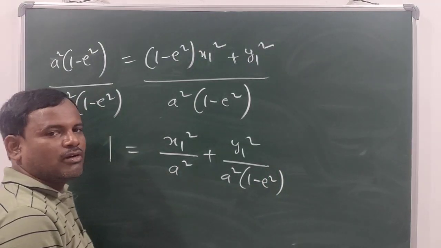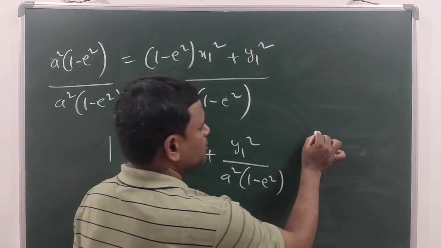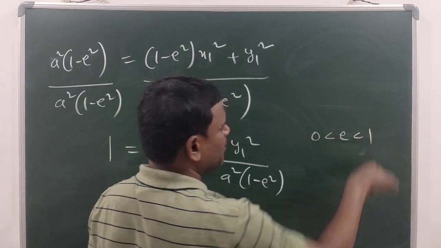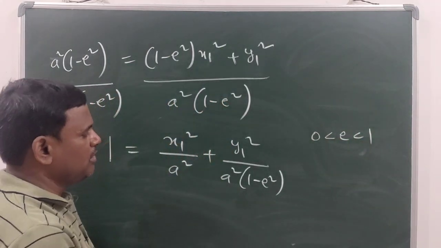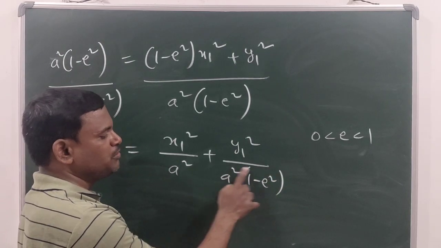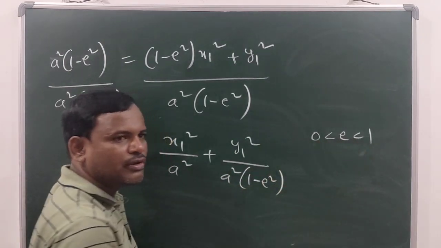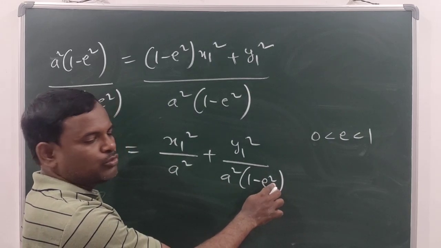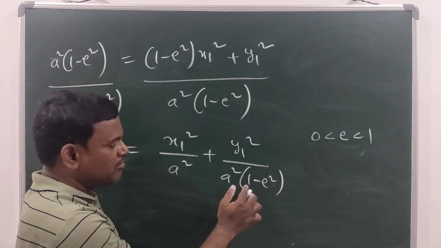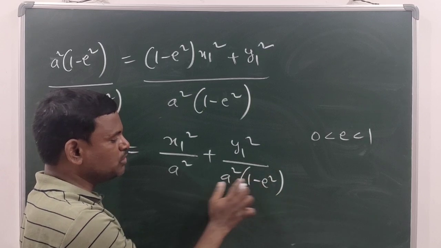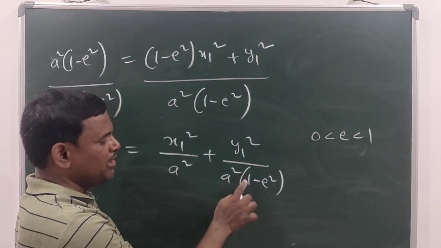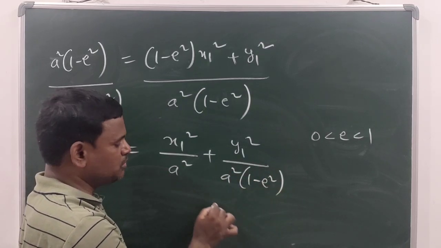Now as I said to you, for an ellipse the e value always lies between 0 and 1, hence this quantity is always positive. Am I right? Since e is between 0 and 1, 1 minus e square is smaller than 1 and positive, and a square is positive, hence this expression is always positive.